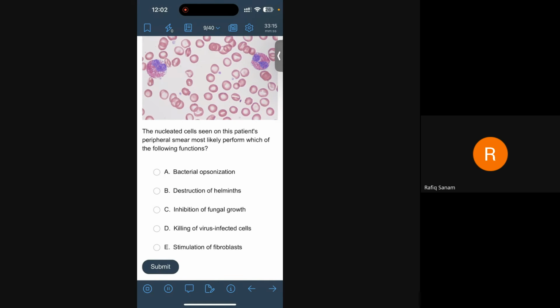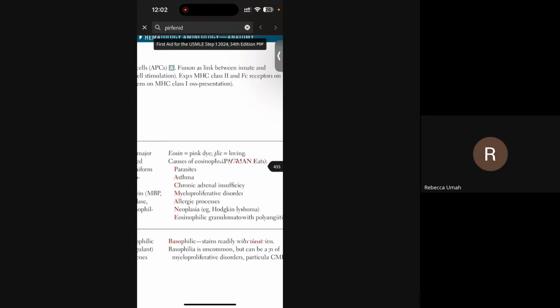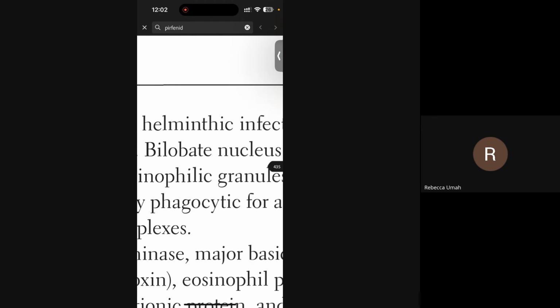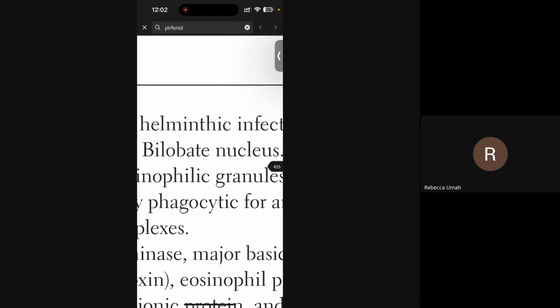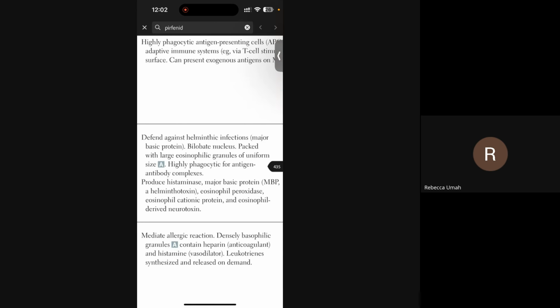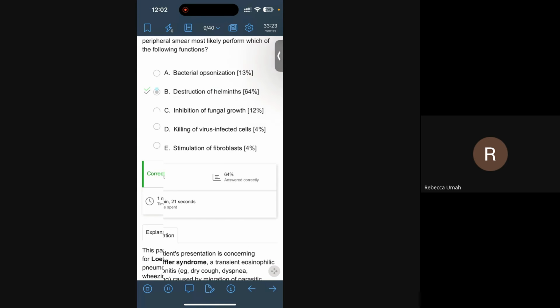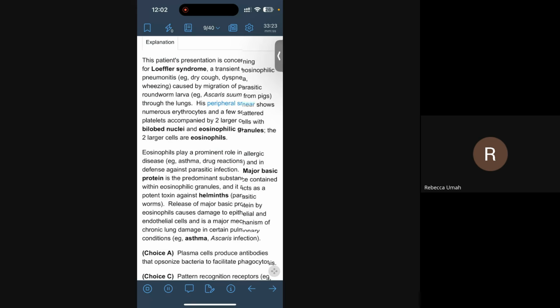B, destruction of helminths, because they are parasites. We just read that eosinophils work against helminthic infection and have a bilobed nucleus.